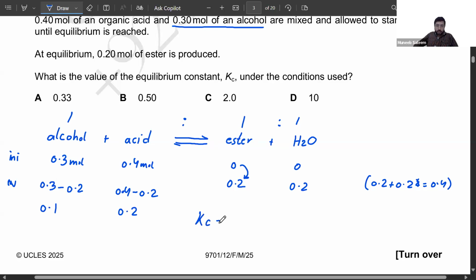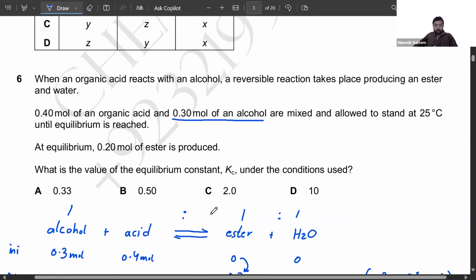Now we are supposed to find the Kc value, which is basically the concentration of the products divided by the concentration of the reactants. Now here in this case, the value of the volume is not provided.